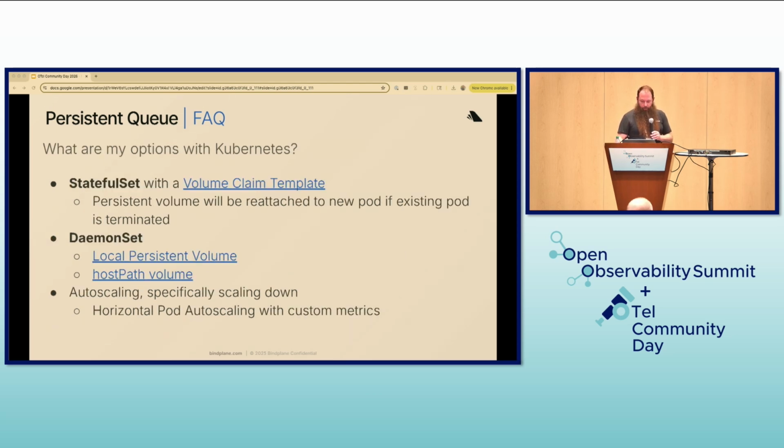All right, cool. I know we're getting close to time. I'm going to go through this one really quick, mainly because I'm not a Kubernetes guy and I don't want you all asking questions of me about Kubernetes. There are ways to have persistent volumes within Kubernetes. Use them if you're trying to create a persistent queue.